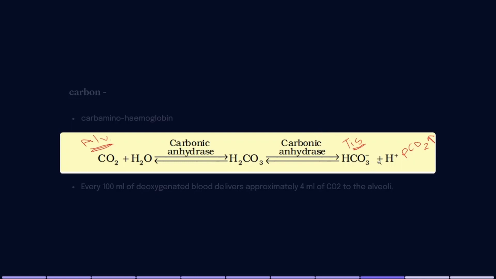Now this conversion of HCO3 negative to H2CO3 occurs due to carbonic anhydrase, which is present in the RBC. This H2CO3 moves through blood to the alveoli, where the PCO2 is less. So since the PCO2 is less in alveoli, H2CO3 gets converted into CO2 and H2O.